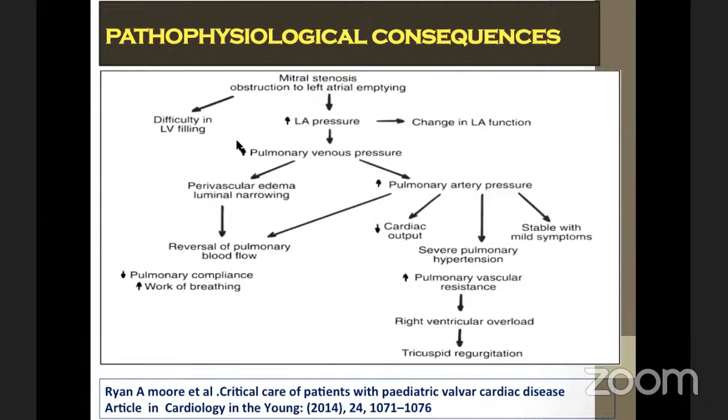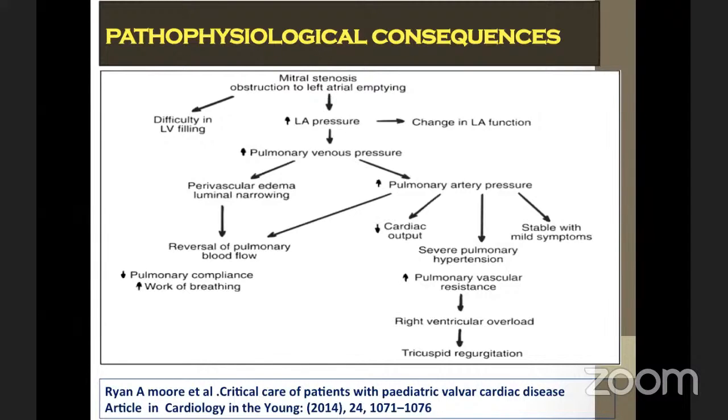This back pressure on the pulmonary vessels gives rise to an increase in pulmonary venous pressure, and if it is more, it gives rise to perivascular edema and luminal narrowing. You can see the curly lines. With a lot of pulmonary venous pressure, there is an increase in the pulmonary arterial pressure. Why is it important? Because if the pulmonary arterial pressure is increased, it will change your anesthesia management.